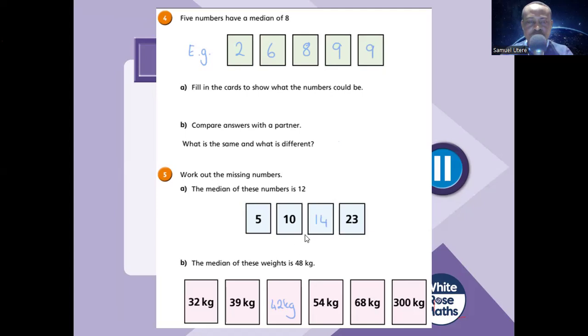So we know, if that's 12, it means that the interval there is 2. So the next number, which is this one, has to be 12 add 2, which is 14.